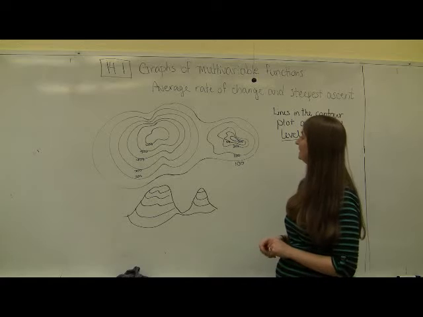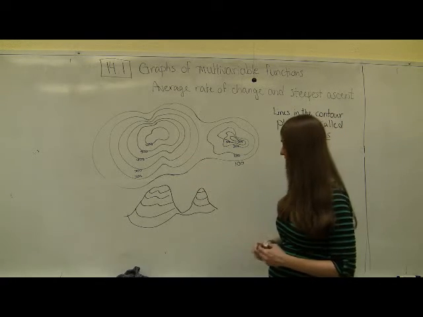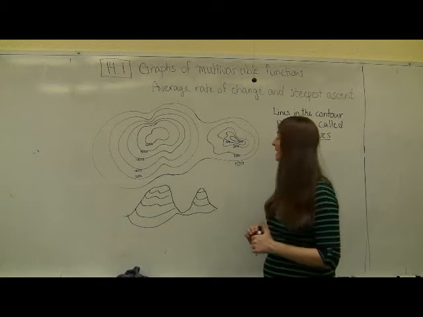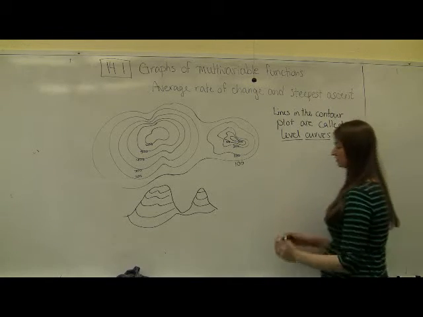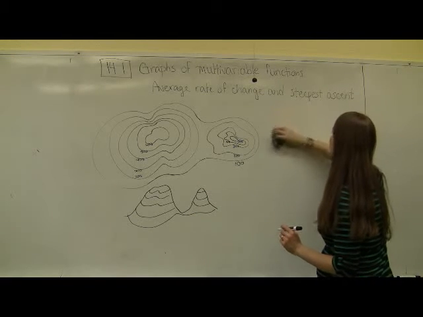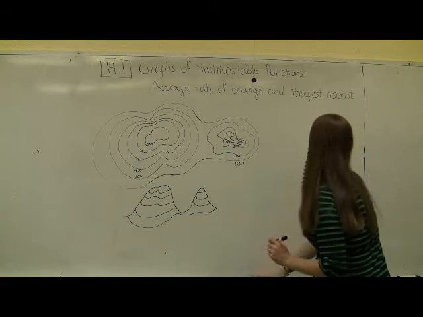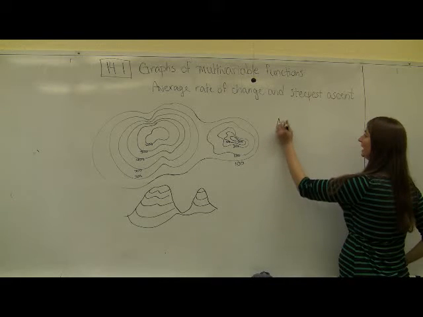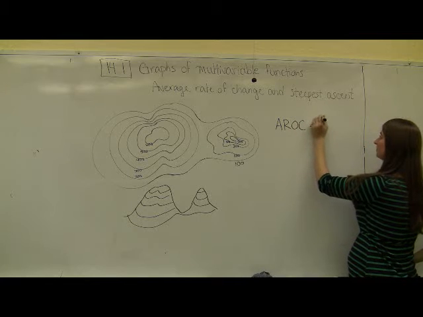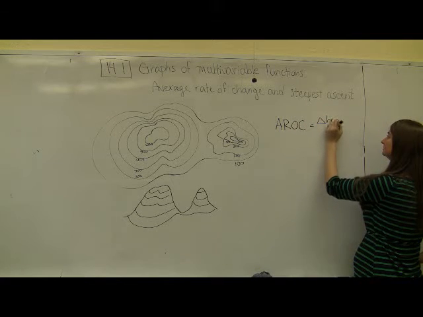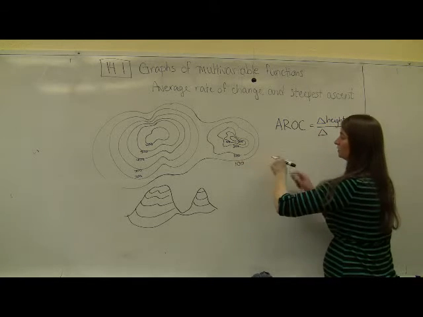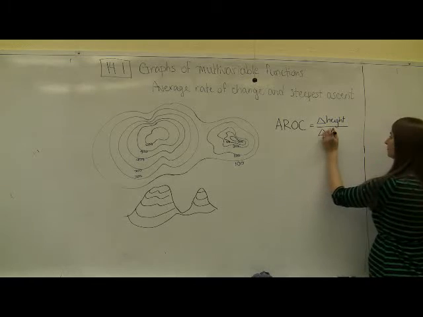If I want to know the average rate of change given this plot, that's just asking how fast am I ascending? The equation for average rate of change is the change in vertical height divided by the change in horizontal distance. So I'll write: average rate of change is given by my change in height divided by my change in horizontal distance.